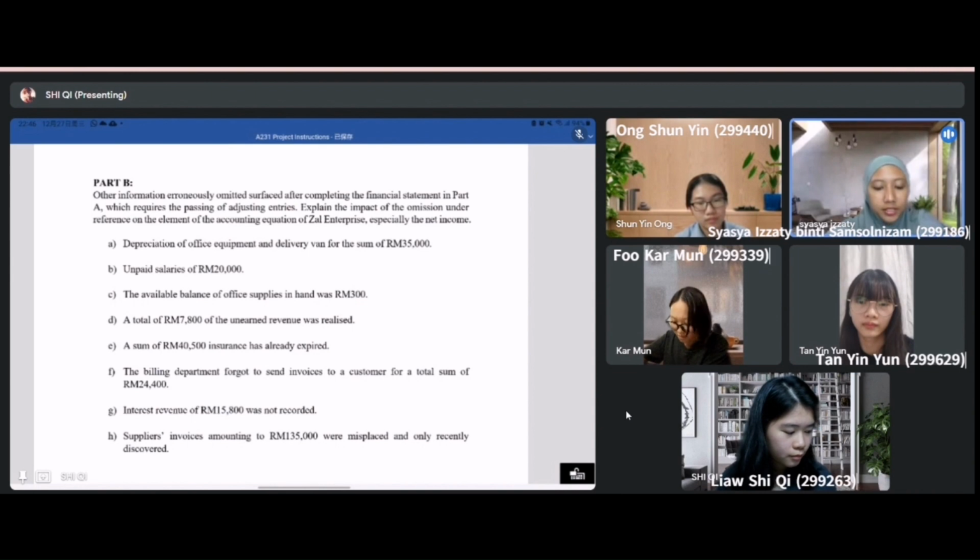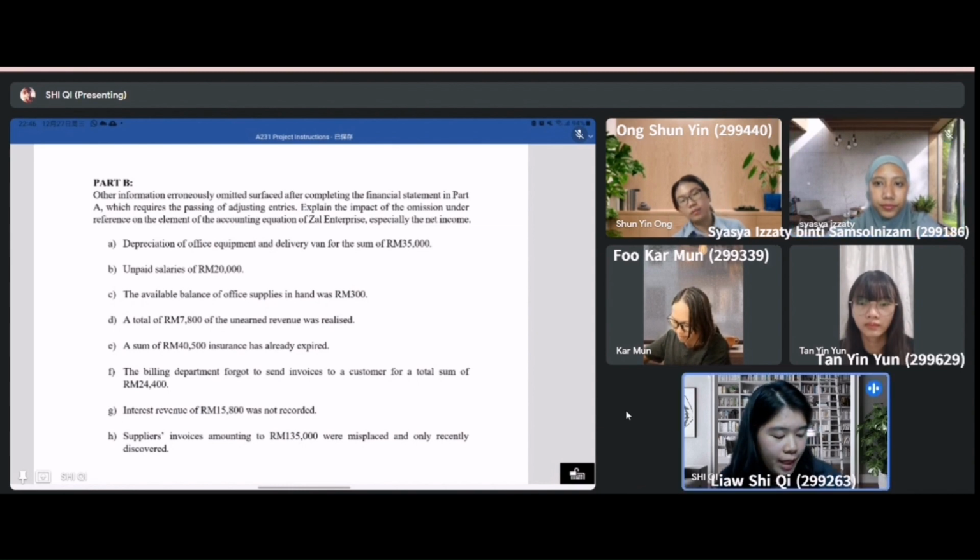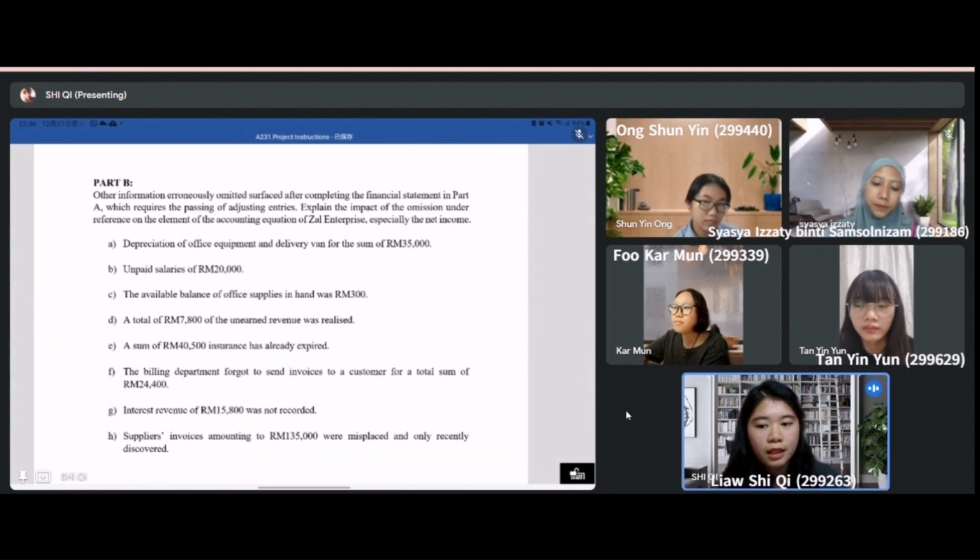In G, interest revenue of 15,800 was not recorded. I think it's debit accounts receivable and credit interest revenue of the amount 15,800. My answer is debit cash and credit interest revenue, because we received the revenue, right?